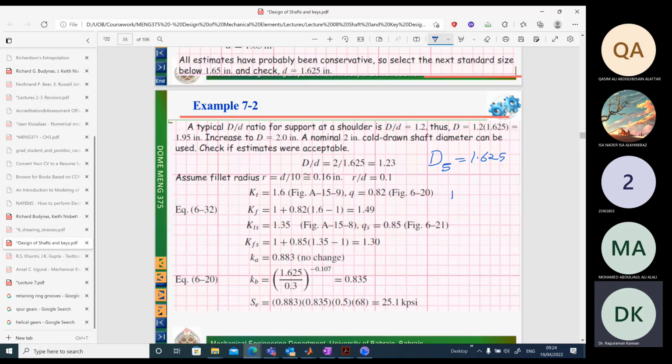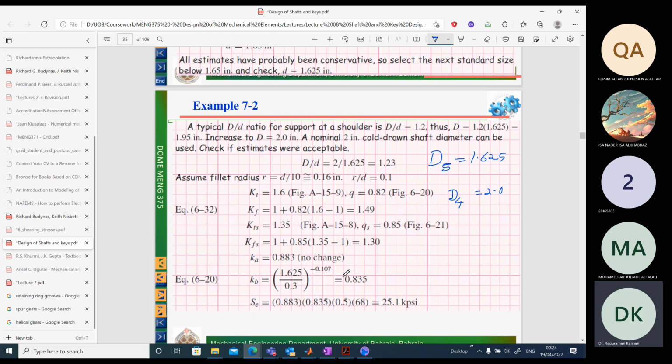So using the ratio given in the table, capital D over small d as 1.2, he is evaluating the capital D or D4 to be 1.95 inches, and the standard size gives us 2.0 inches.